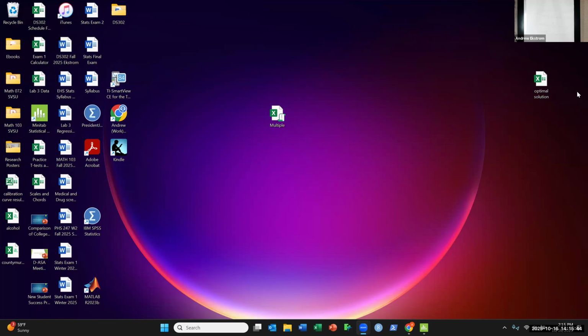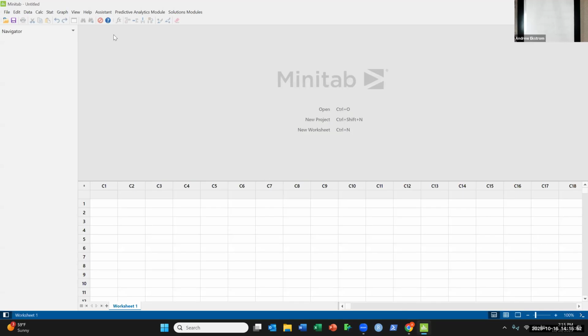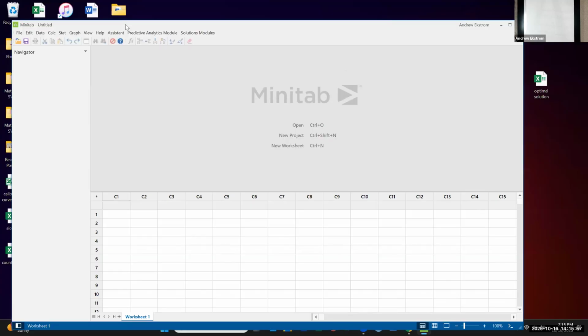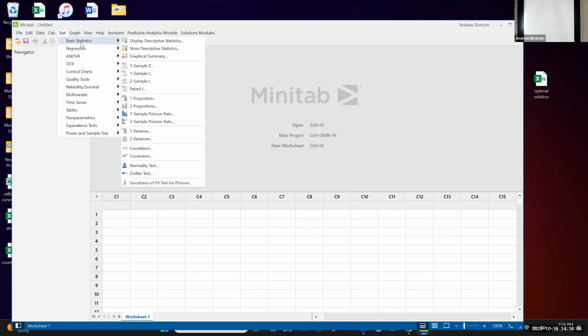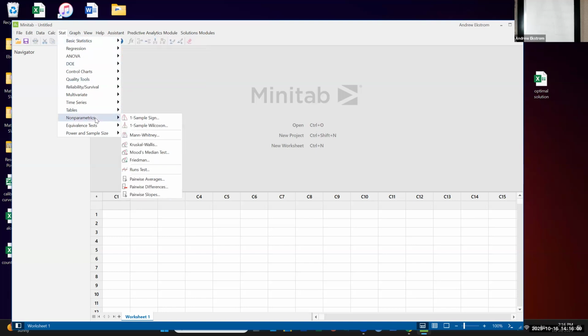So when we're looking at all the possibilities, if we pull up Minitab just really quickly, I'm not going to put any data in here just yet. But one of the things you can do to help you decide what you should be using, if you go to Stat and you bring up a little display here, go down to where it says non-parametrics.